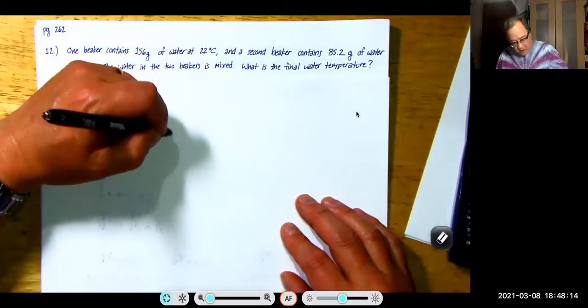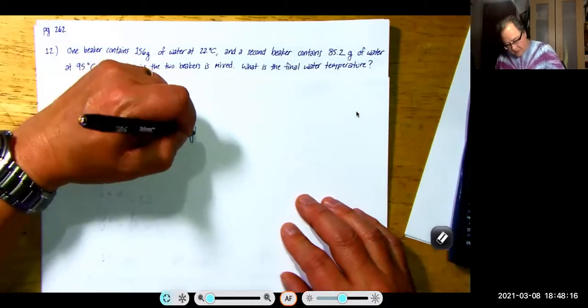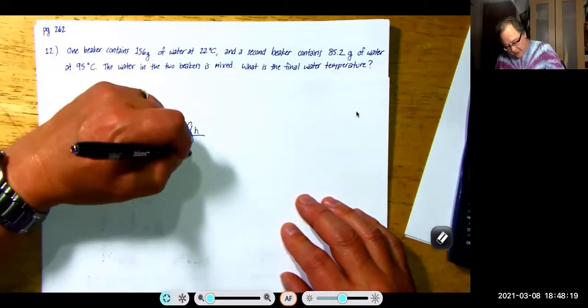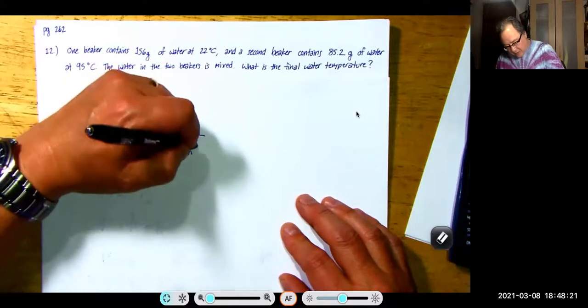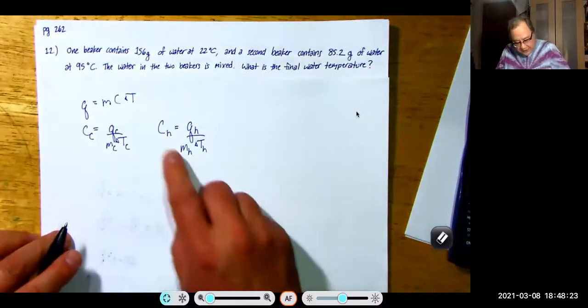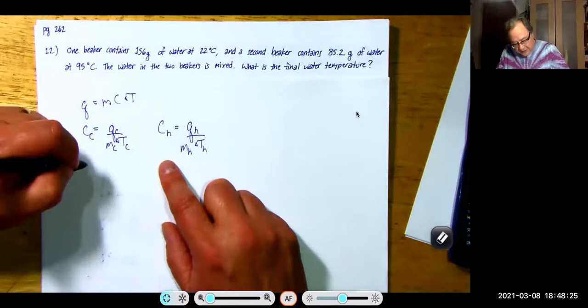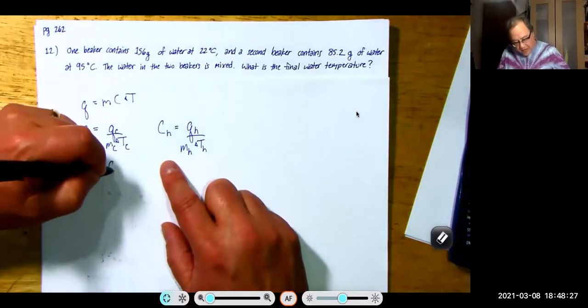C of the hot water is Q of the hot water over mass of the hot water and change in temp of the hot water. Now, since these are both water, C of the cold water is equal to C of the hot water.